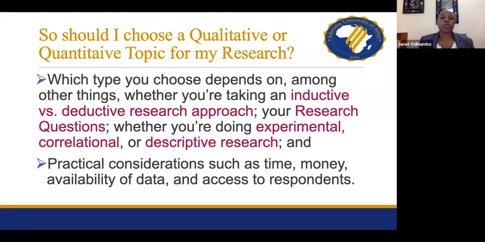You also need to consider your research question, and which type of study you want to do. Is it experimental? Is it a correlational study, or is it a descriptive research? You need to consider all these things as you choose your topic, whether it's qualitative or quantitative.